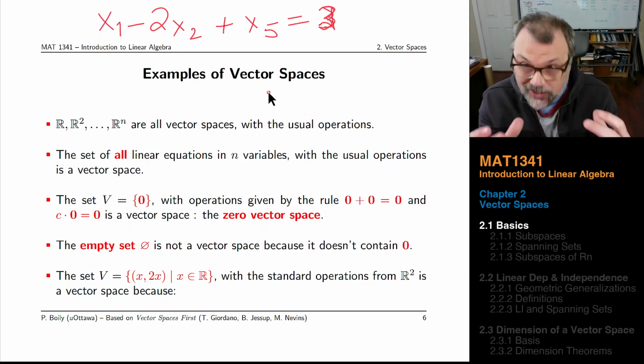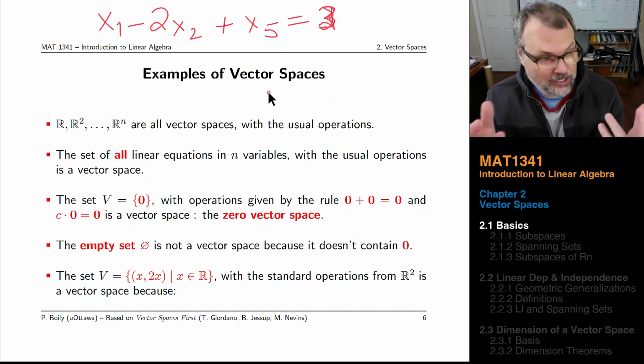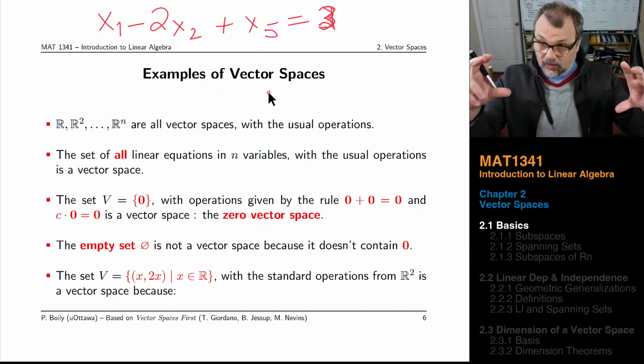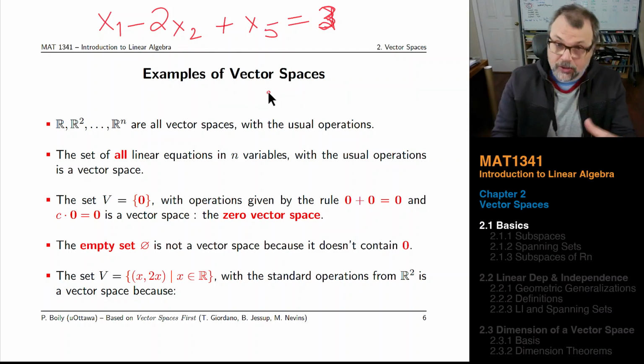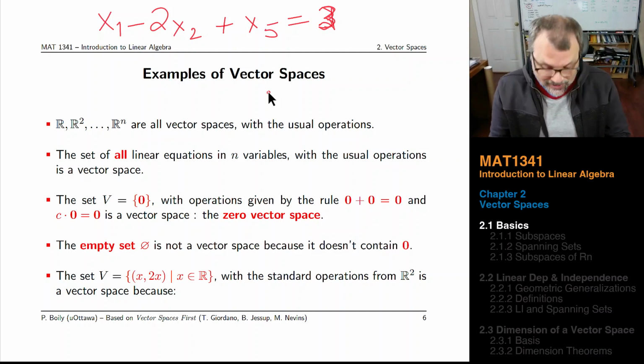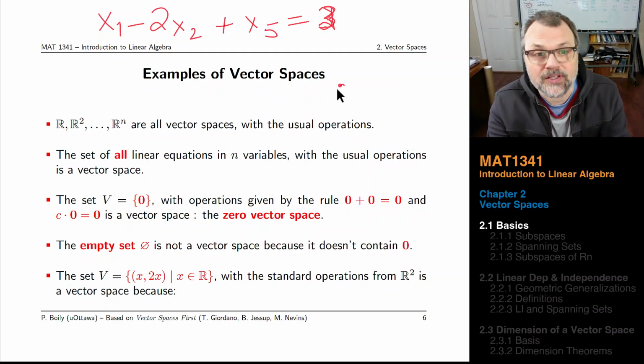So an equation can be a vector as long as you have a way to add equations together, and as long as you have a way to multiply an equation by a scalar, and as long as there's something that plays the role of the zero equation. It would probably be something like this here.